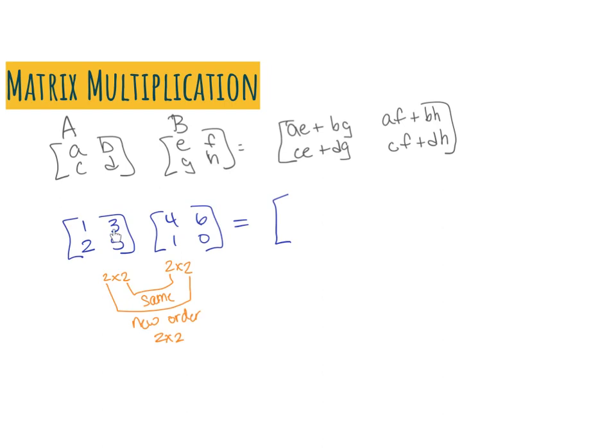And then our 3 is going to correspond with this 1 because it's in the second position. Okay, so let's write it out. So 1 times 4, those corresponding parts, plus the corresponding parts for the second position, which would be 3 times 1.